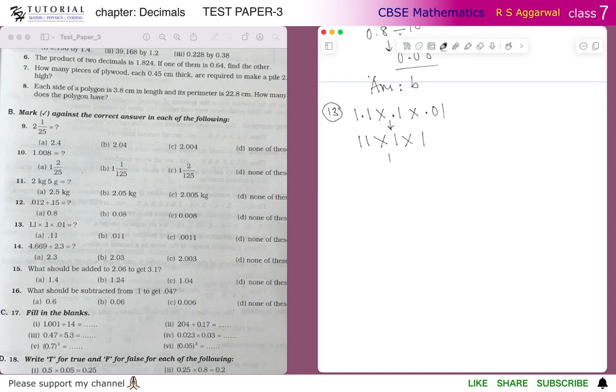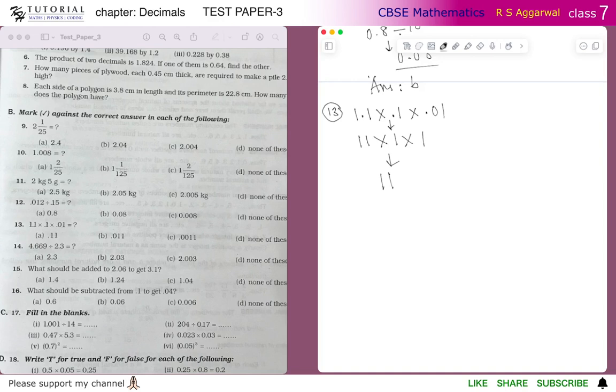This is 11. 11 means 11.0. Now we have to put the decimal point in the product 11, in such a way that the decimal places of the result become equal to the sum of the decimal places of the decimal numbers in the product.